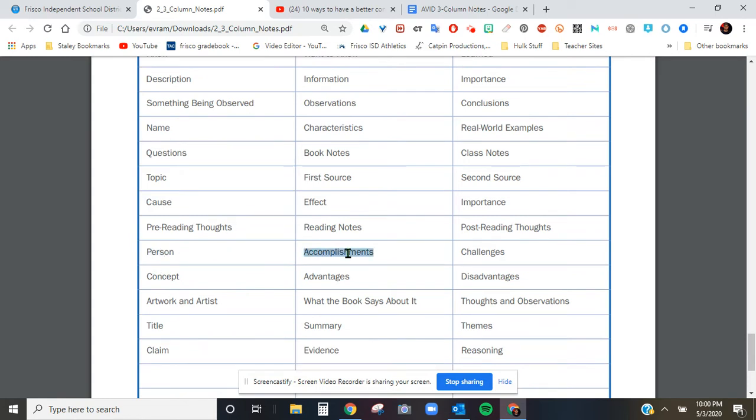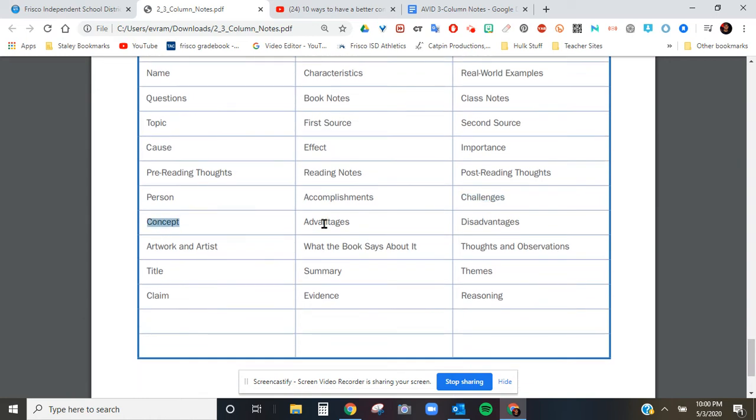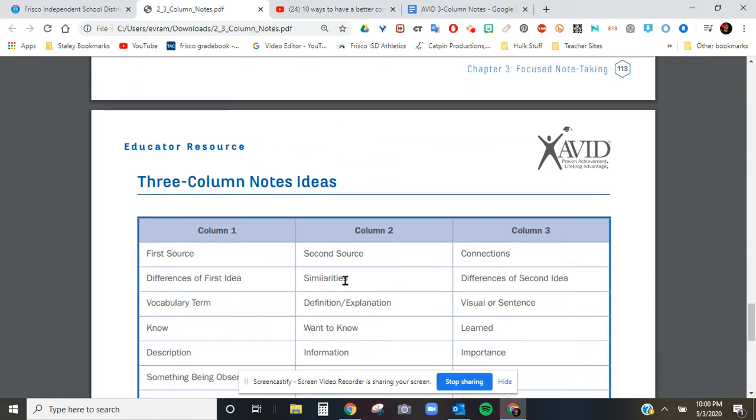Maybe you're having to take notes on their accomplishments, but then also what challenges they might have faced in those accomplishments. You may have a concept where you're writing down advantages and disadvantages, and you have a claim, you have evidence, and then perhaps a reasoning as to why any of this would make sense. So hopefully, three column notes make more sense, especially now that you're getting column three in here, and I'm asking you to think. I know we all love to think.